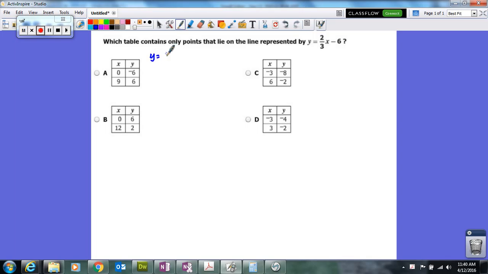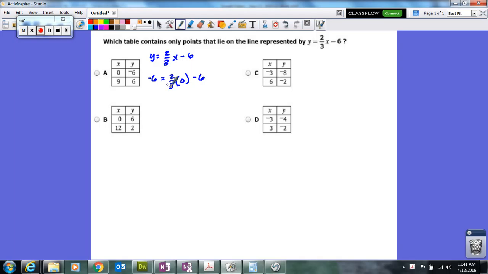Y equals 2/3 x minus 6. But instead of having an x, we're going to replace that with my x value of 0 in this first example. And instead of having a y value, we're going to replace that with my y value of -6. So -6 equals 2/3 times 0 minus 6.